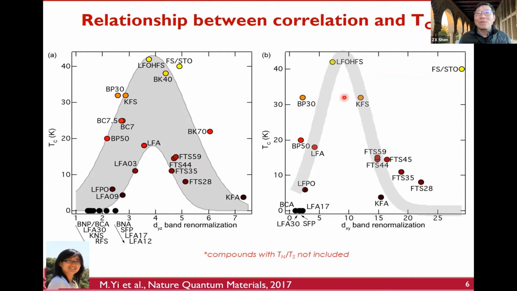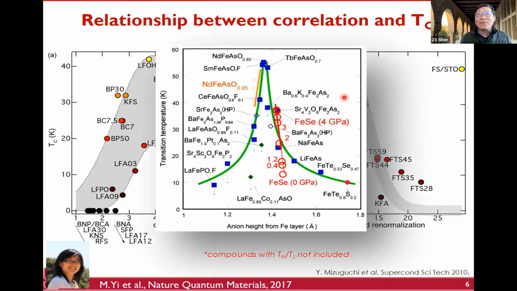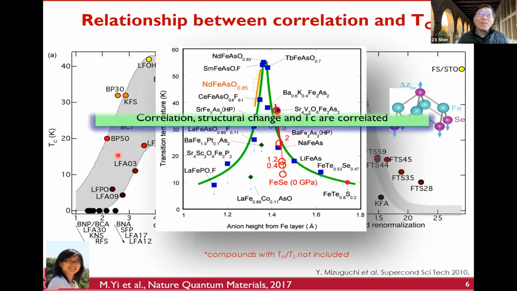They all show this sort of shape. One wonders whether there is some underlying linkage between this kind of shape of TC dependence on structure, and also the electronic structure. So the question really raises that it appears there's a linkage between correlation, structural change, and TC.